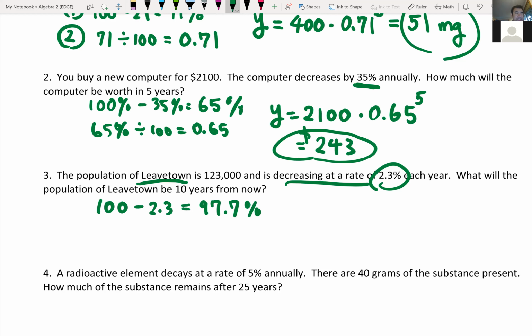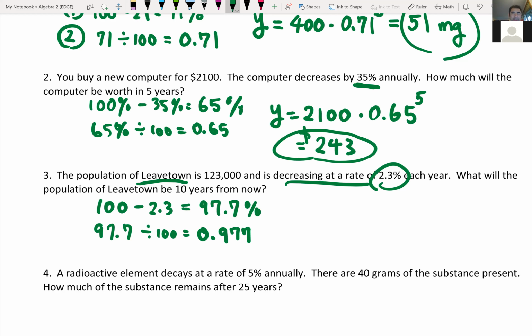It's still percent. But now we are going to convert that percent into decimal form. Divide by 100. That will give you 0.977. Do not round off percentage, okay? Otherwise, your answer is not going to be correct.